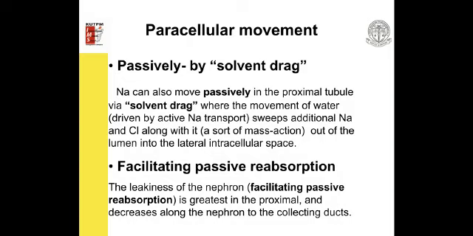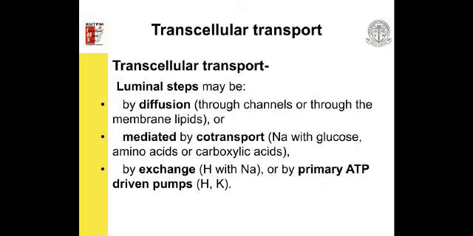The paracellular movement can also be due to facilitating passive transport, which is the leakiness of the nephron. It is maximum in the proximal convoluted tubule and decreases along the nephron to the collecting ducts.